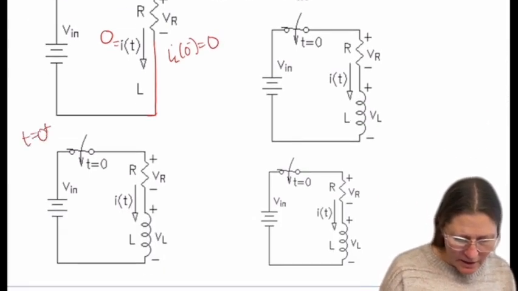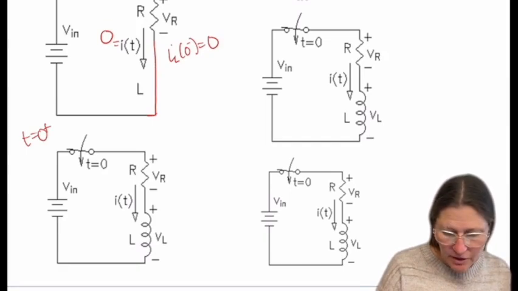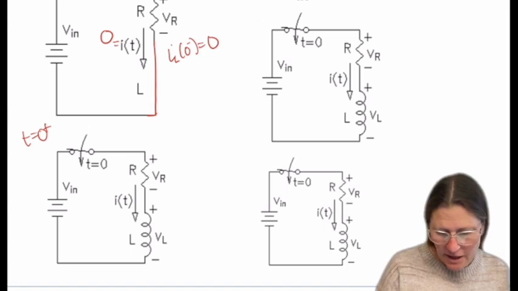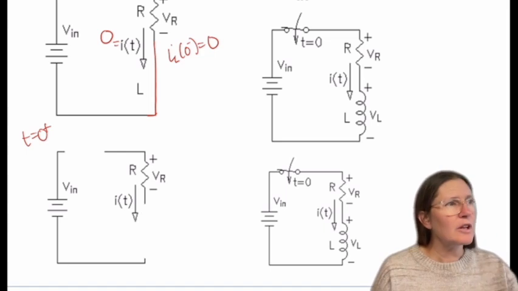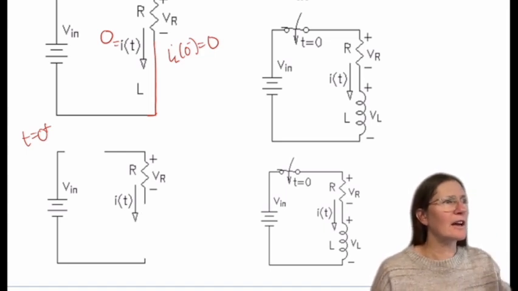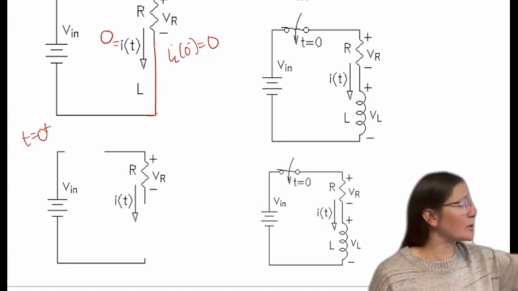And then in all these, you start to see a little bit of a theme: if you're trying to find the element related to an inductor, IL, that's going to stay exactly the same for the 0 plus.